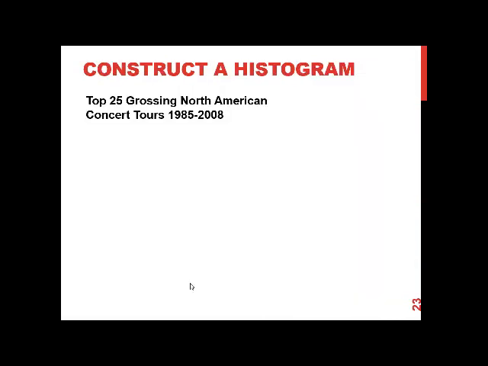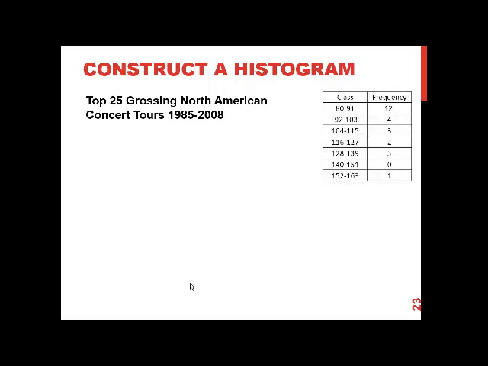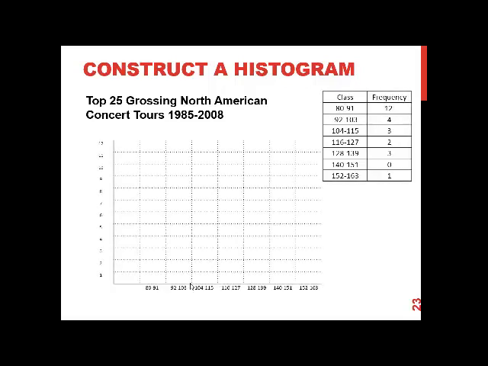Now let's create a histogram. We'll need our data table that we just created, our frequency distribution. And I have here a chart. I've got my 80 to 91 column here, and so I'm going to need 12.